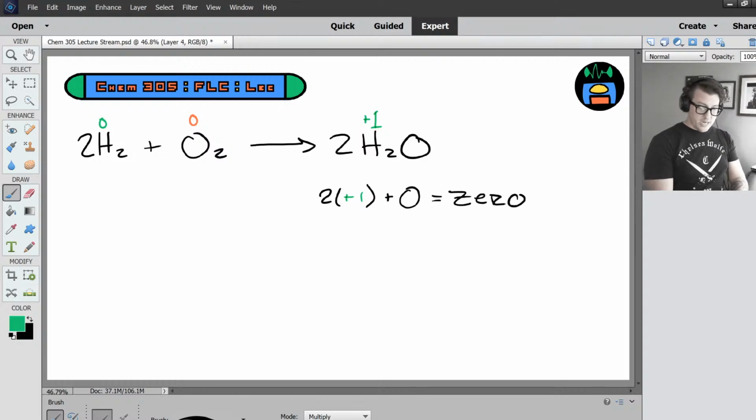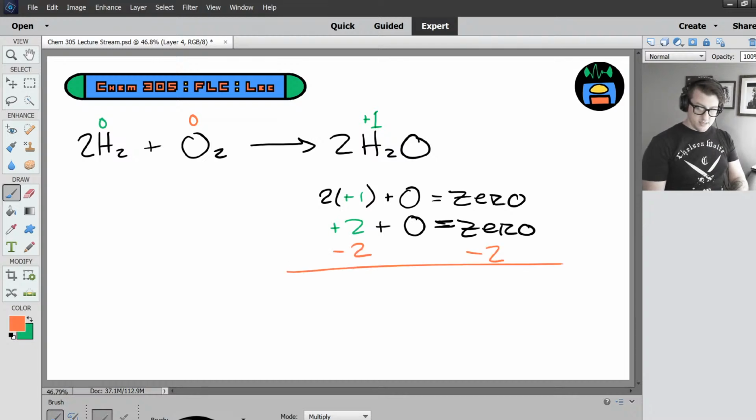So +2 plus the oxidation state of oxygen equals 0, and subtracting 2 from both sides, the oxidation state of oxygen in water is -2.